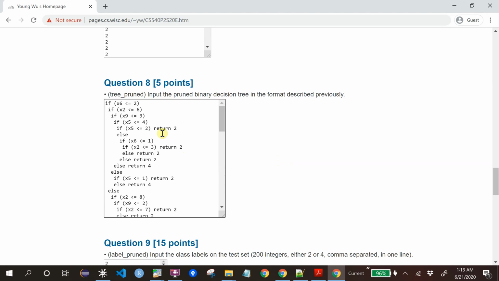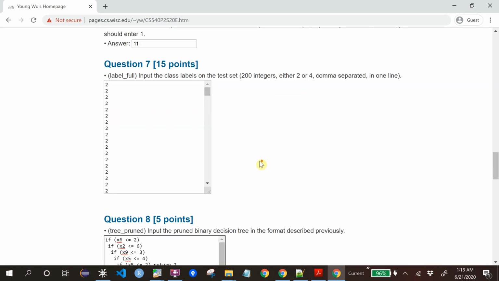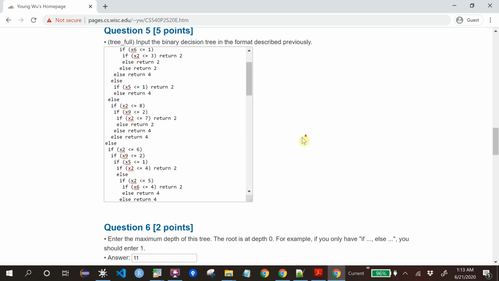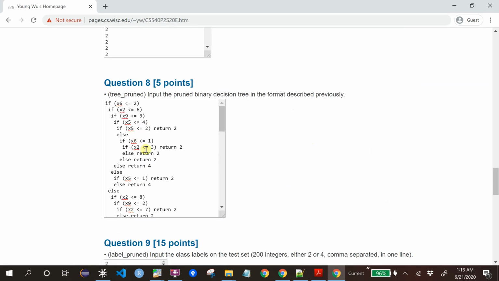One thing I forgot to say is that you need to split according to the variables you are given. If you don't, you won't get these 5 points as well. If you're splitting according to, say, x1, then you won't get the points, because you need to stick to the list of 5 or 6 numbers of features you are allowed to split on. All of these splits should be according to those features. Again, that's something I'm going to check.